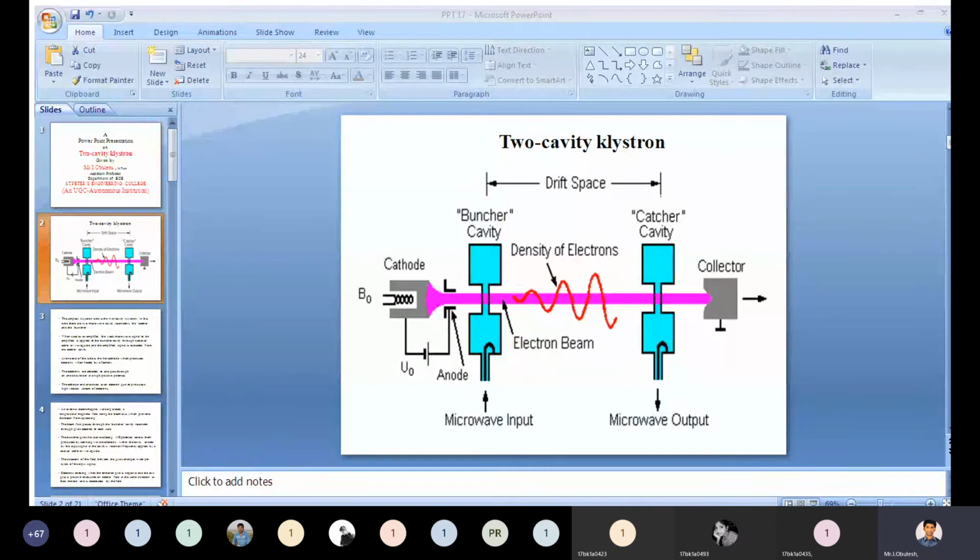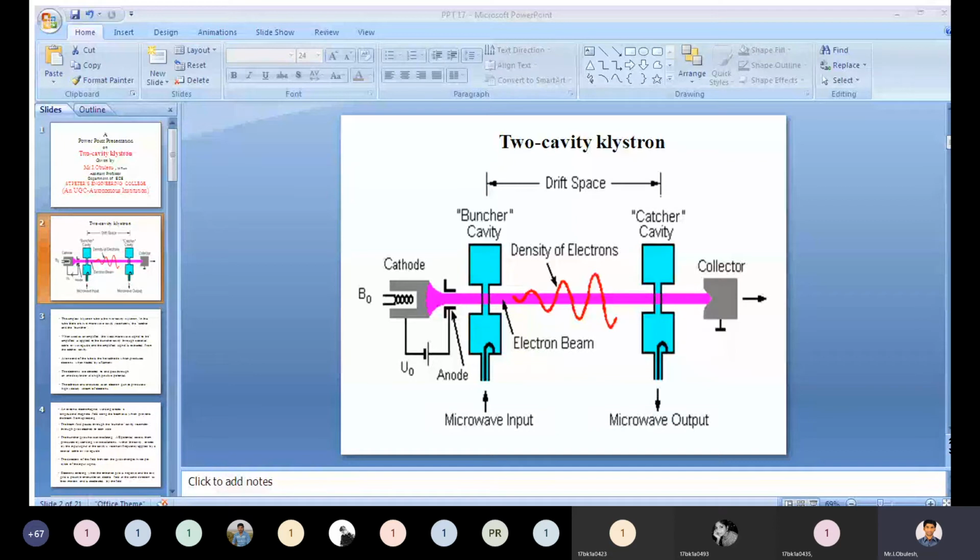Because of the high quality factor of the cavities, the signal quickly becomes a sine wave at the resonant frequency of the cavities.